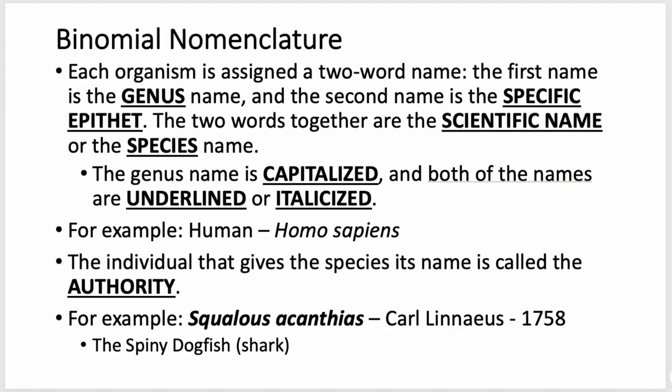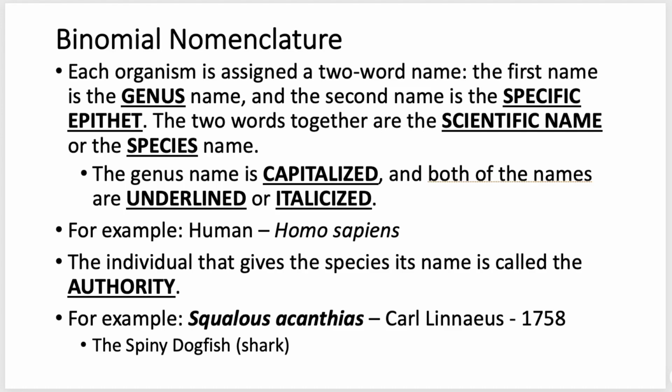And the way we describe the species and how Carl Linnaeus did is they use what's called binomial nomenclature, which is a 2-word name. The first name is the genus, the second name is the species, or what they call the specific epithet. So together, the genus and the species is what we describe as the scientific name.